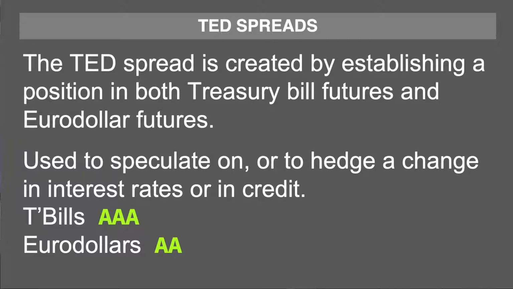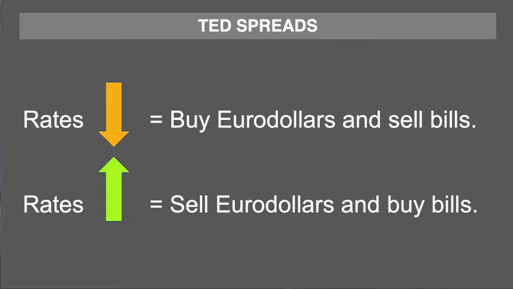So when we have a belief about rates or credit conditions, we can hedge or speculate by using the TED spread. If you feel that interest rates are going down, we're going to want to buy Eurodollars and sell Treasury bills. So if rates are down, we're going to buy Eurodollar deposits and we're going to sell Treasury bill contracts.